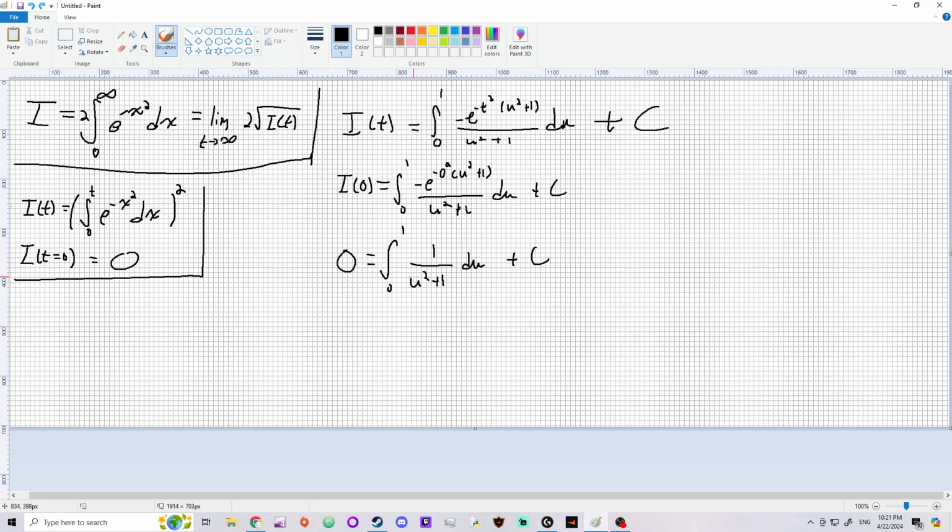Oh, hold on, wait. Arctan of 0 is equal to 0, but I have a negative sign here, so it's actually negative arctan. That's my bad. Then we do minus c, but the negative sign here cancels this out, so c is equal to arctan.